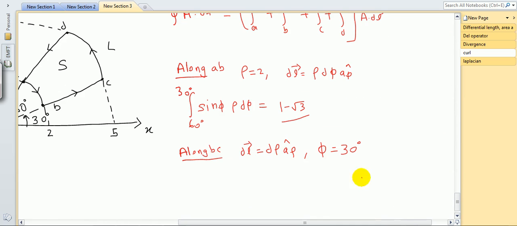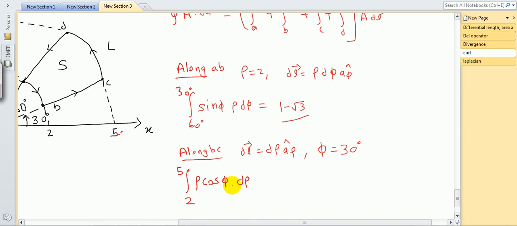So I'll write here A dot dl will be, the component was rho cos phi, and the dl vector will be d rho a rho cap dot a rho cap, which becomes 1, and the limits for rho are from 2 to 5. So cos phi, I will write phi equals 30 degree.